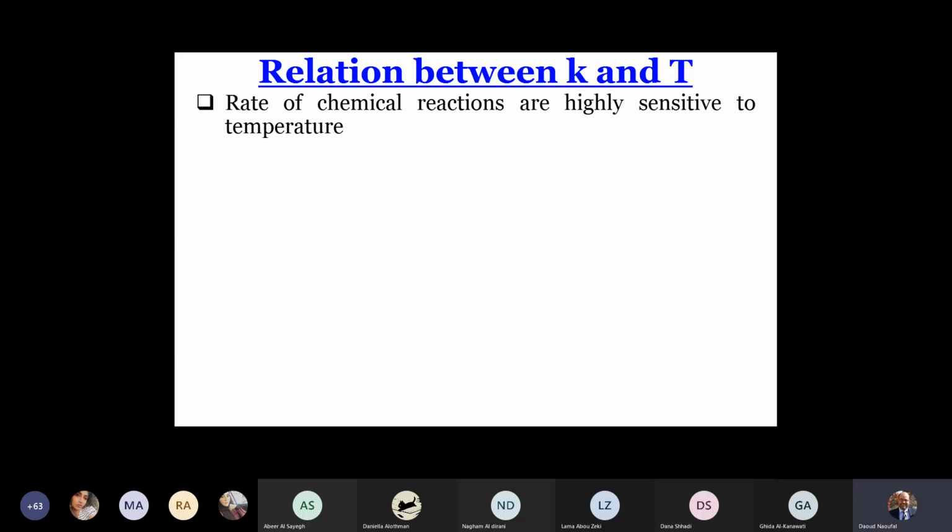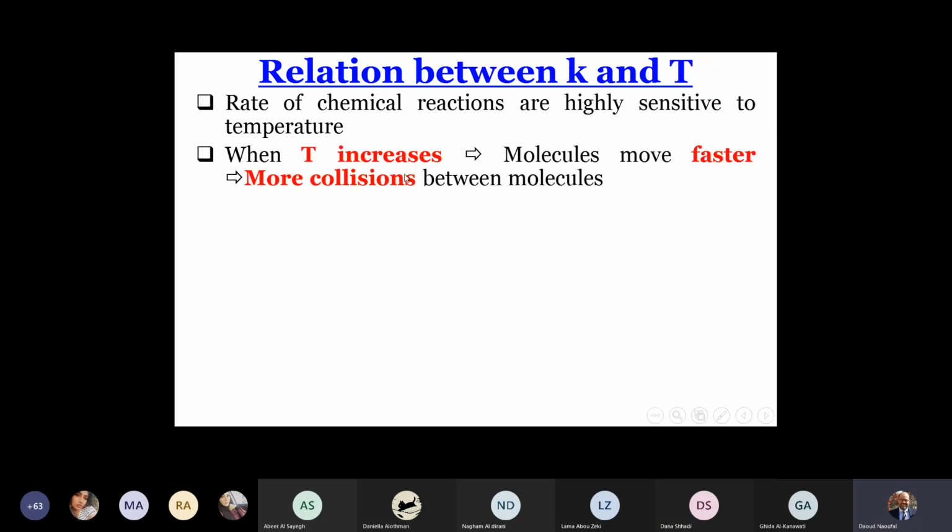The rates of reaction are highly sensitive to temperature. When the temperature increases, we give energy to the reaction system. So the molecules will absorb this energy as kinetic energy, and they will move faster.